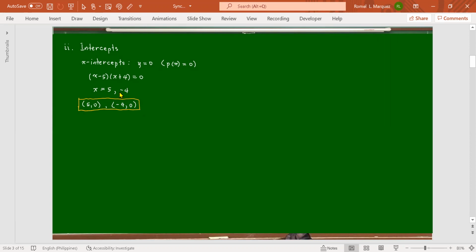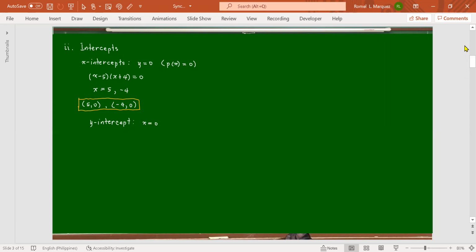There is only a y-intercept if there is one. We cannot have two y-intercepts. It is possible not to have one, or to have just one y-intercept, because this is a function. So for the y-intercept, we have to equate x to 0.